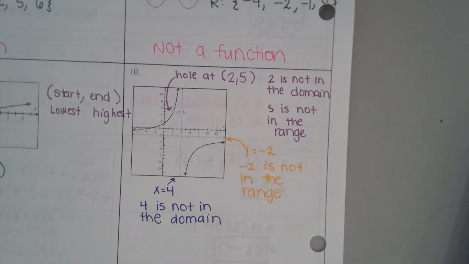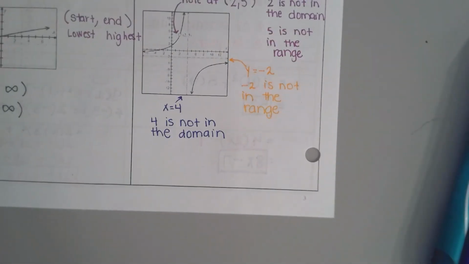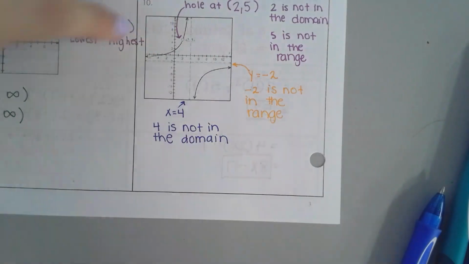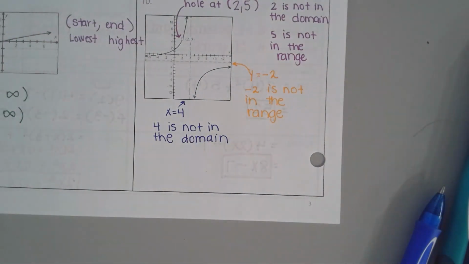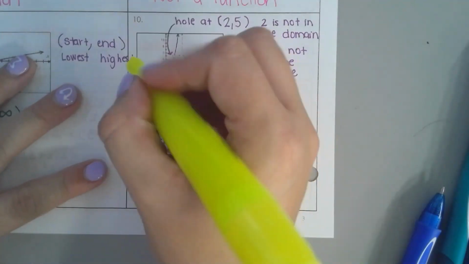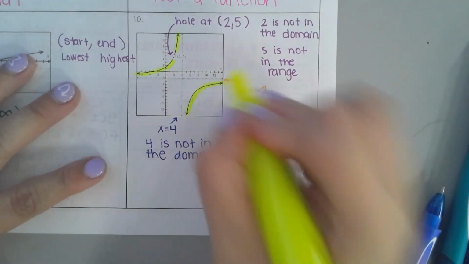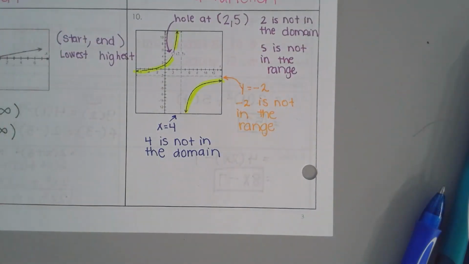We're going to do this example and then we're going to stop. All right. So I really have 2 parts of a graph. I have two pieces here. Notice how I have arrows on every side.